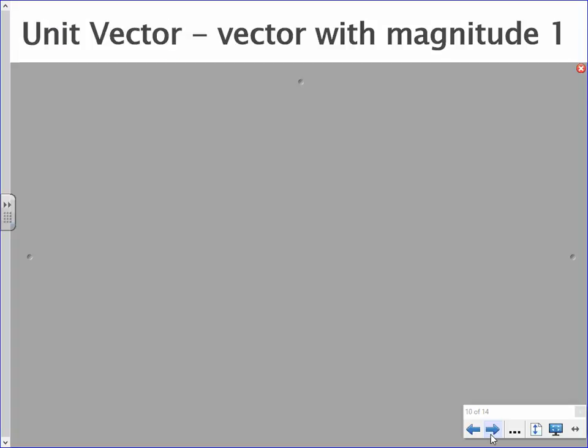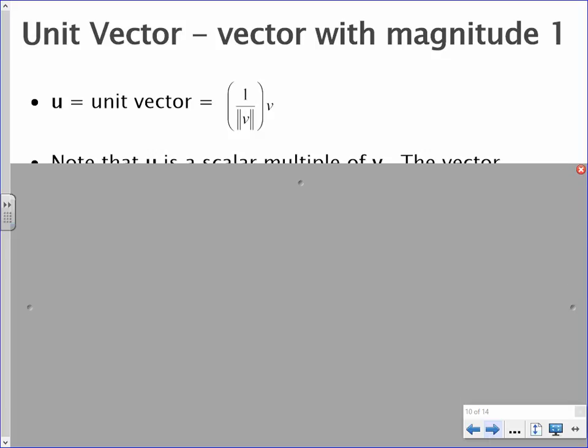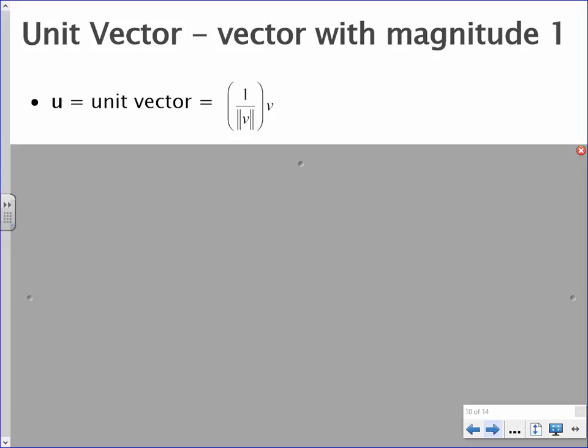Unit vectors can be very beneficial for us. And so what we're going to do is take a vector and force it to be a unit vector in the same direction. By saying the same direction, we're just going to multiply it by a scalar. And specifically, to get it to be a unit vector, we're going to multiply by that scalar.